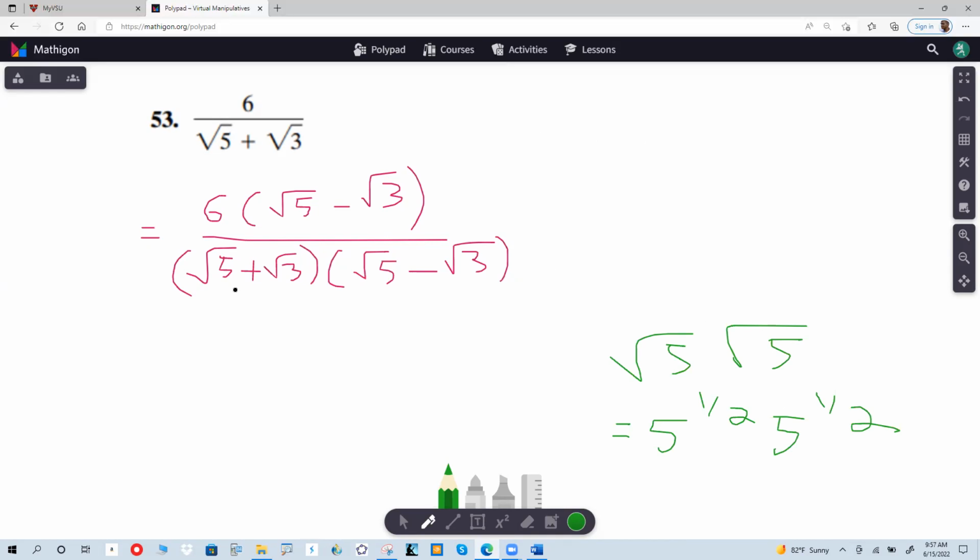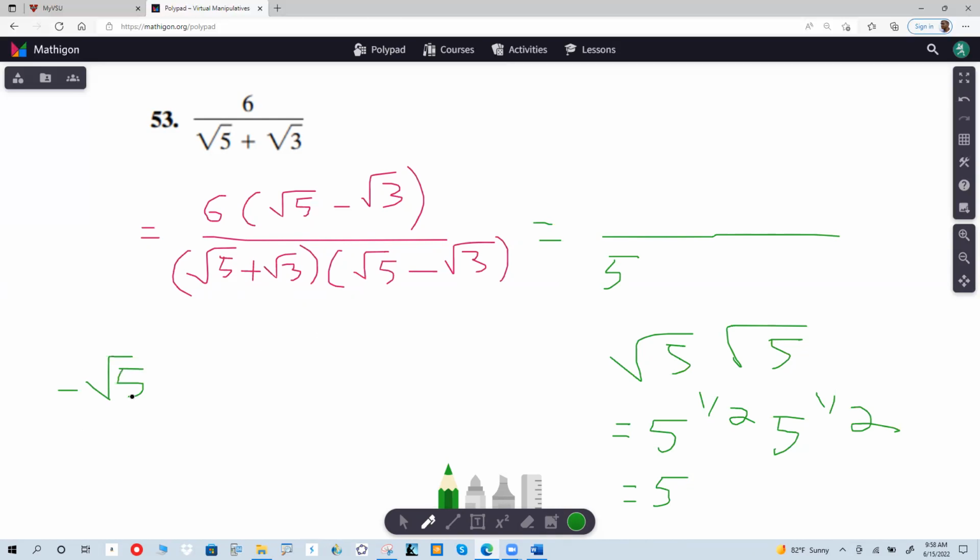So when you multiply, the first term, square root of 5 times square root of 5 is 5. So I'm going to write 5 here. Then the outside terms are radical sign 5 times -3. I'm going to write it here. There's not a whole lot you can do.